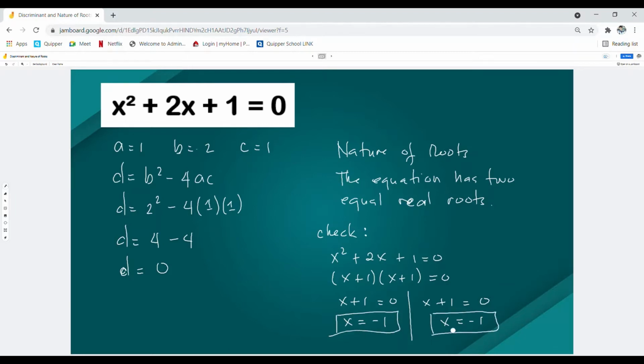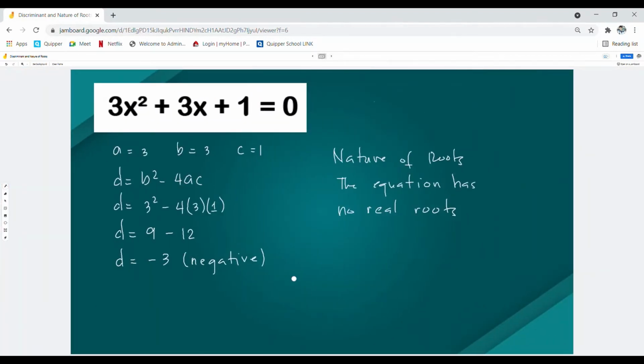The equation has two equal real roots. That's how you check. If you want to check your answer that the equation has no real roots, you solve it. The best method to use is the quadratic formula if you want to make it faster. Then you will find out there are no real roots. And that's it. I hope you get it now.